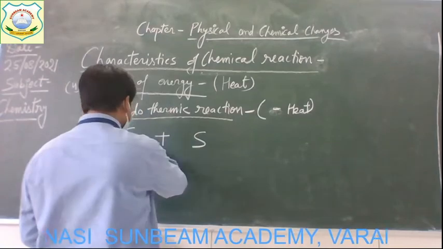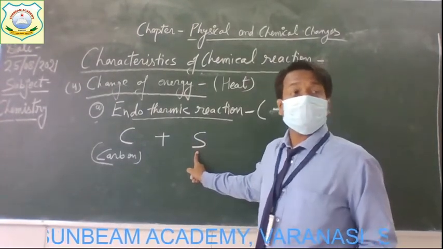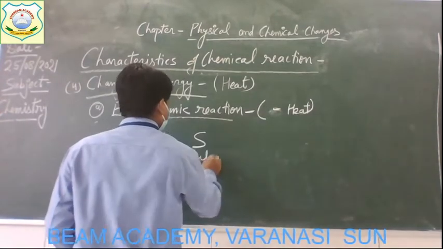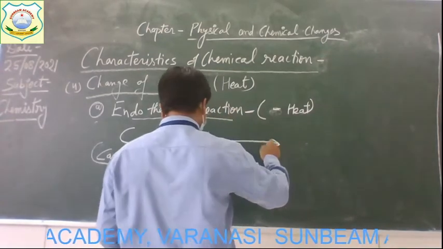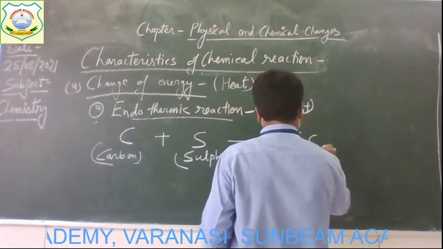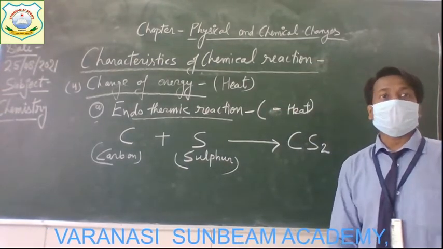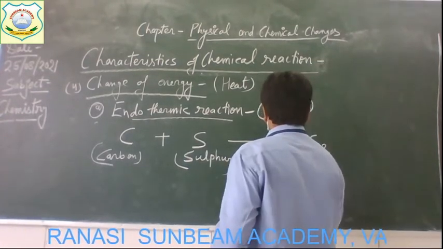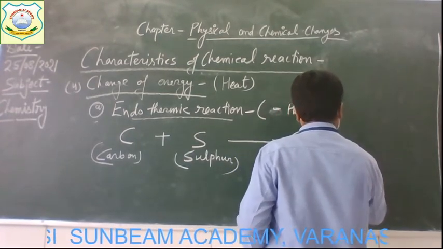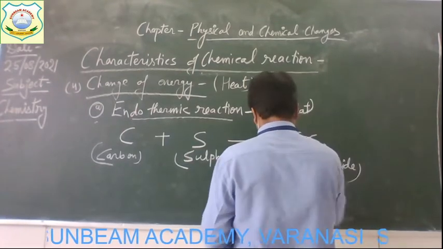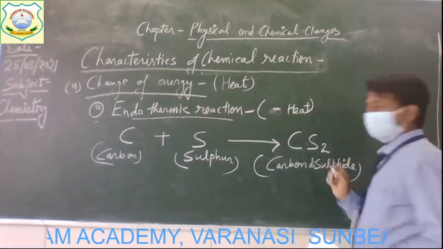When carbon reacts with sulfur, S is the symbol of sulfur, then the product formed is CS2, and this is known as carbon disulfide.